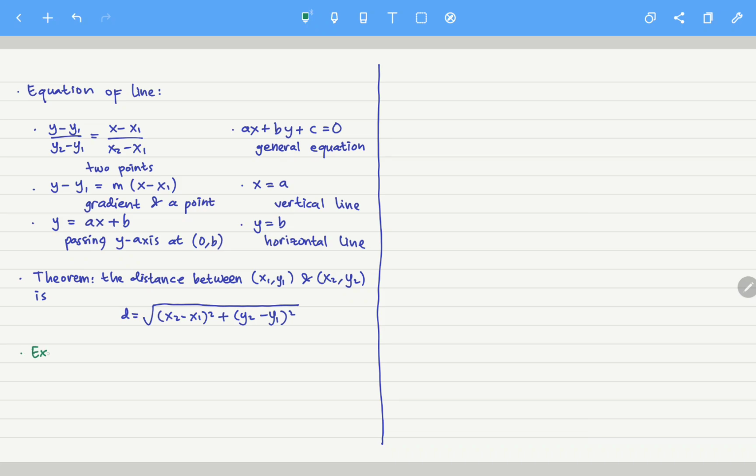In this example, if we have 2 points, let's say the first point is (minus 2, 3) and the second point is (1, 7), then the distance is: x2 is 1 minus x1 which is minus 2, so (1 minus minus 2) squared plus y2 which is 7 minus y1 which is 3, squared.